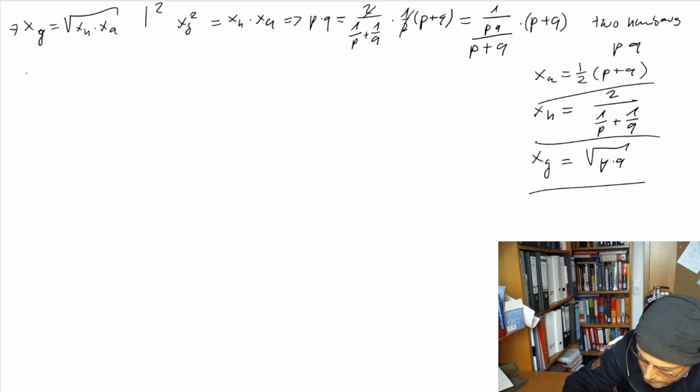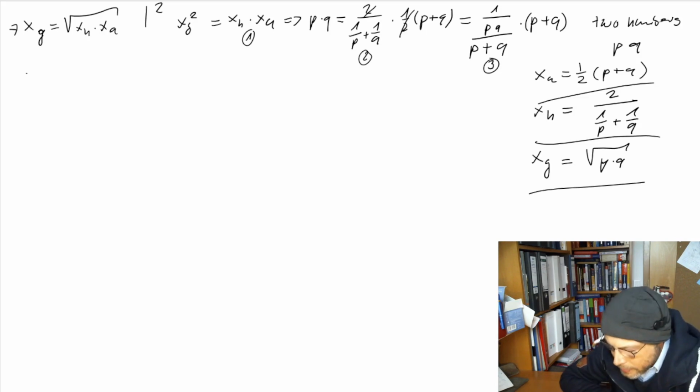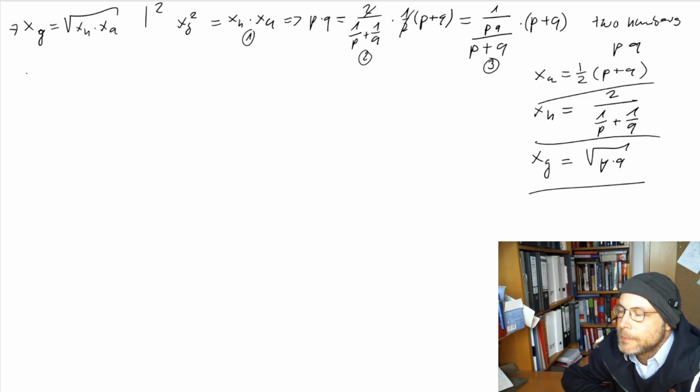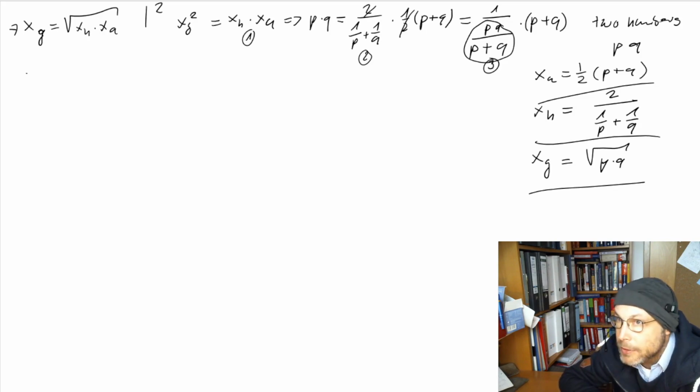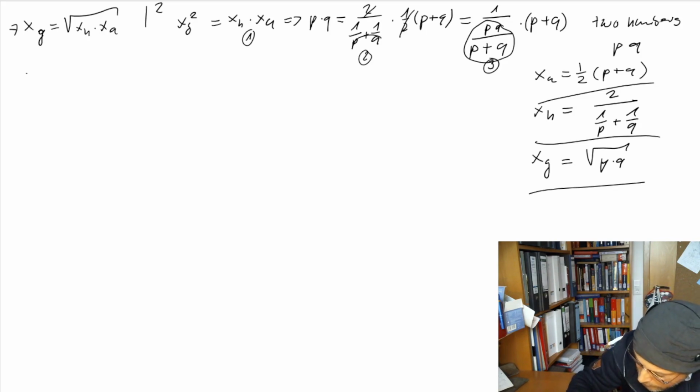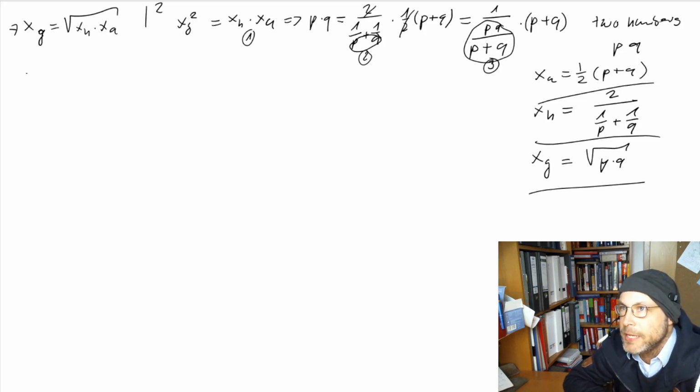Let's say this is 1, this is 2, and this is 3. 1, 2, or 3. Where is my mistake? Hmm? Here's my mistake. I have to do it the other way around, of course. The denominator of these is, of course, p times q and not p plus q.